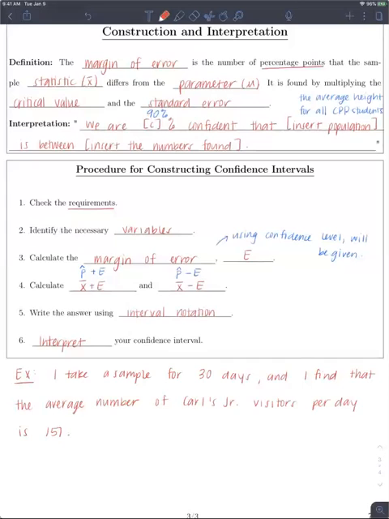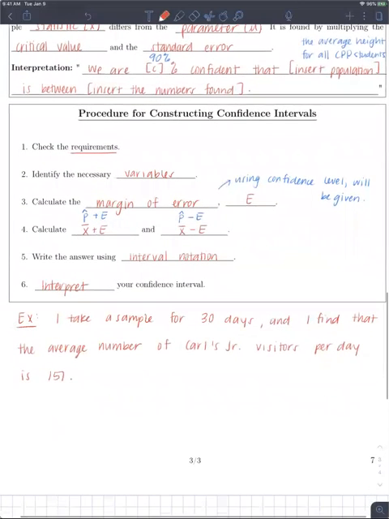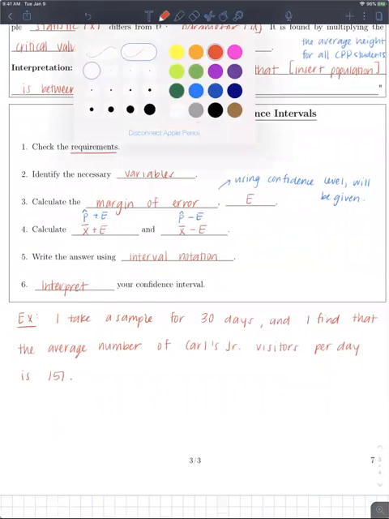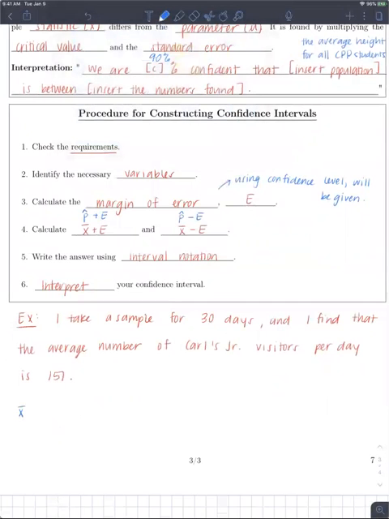All right, so here, that's going to be my X bar then, right? Because that's from my sample. I found that the average was 151. And again, I'm not supposed to know mu at this point. What I want to do is estimate mu.